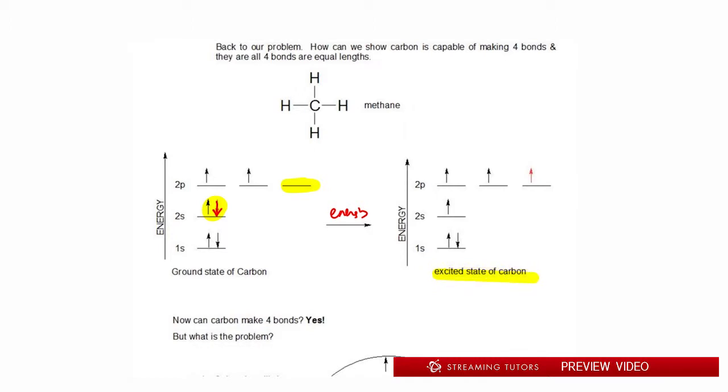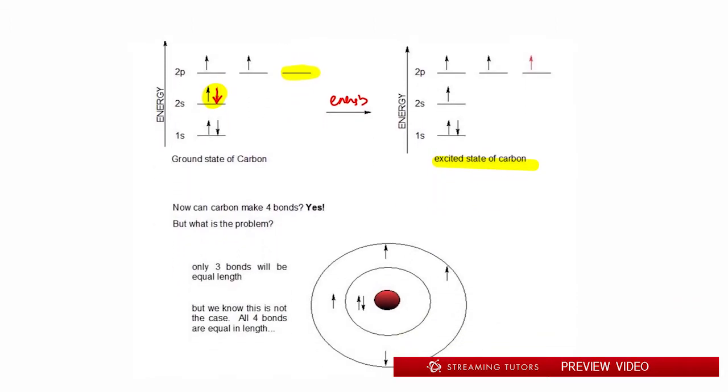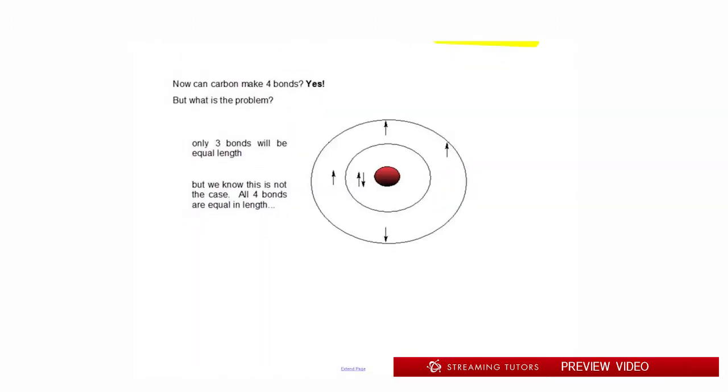Now, here's the thing. Once we take a 2s electron and bring it over into the 2p that's empty, look at carbon down below. Here's my 1s. We just ignore that, right? Now, look what I did. Now I have the 2s, a little closer than the other ones.